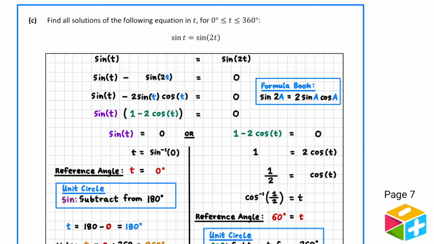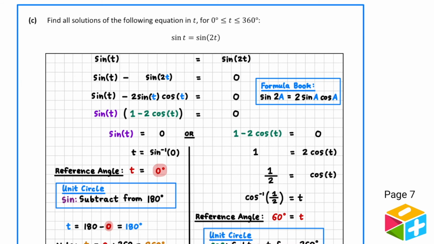There's going to be a second solution contained within the first rotation of a circle. To find it, we can use our rules for the unit circle. If you have an equation involving sine, you should subtract the reference angle from 180. Here, the reference angle is 0, so the second solution will be 180 minus 0, which is 180.